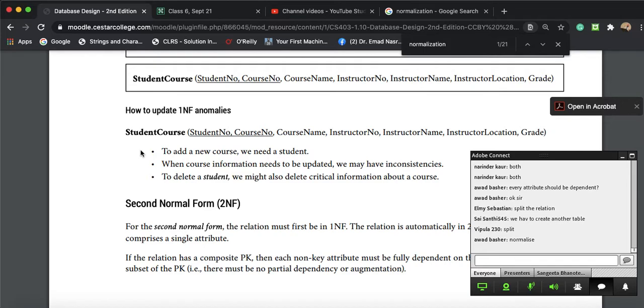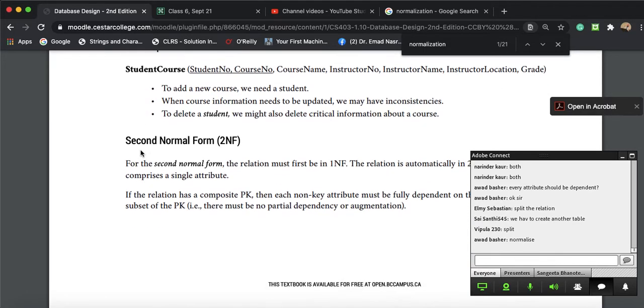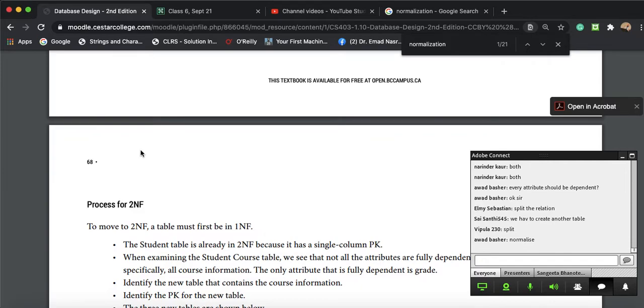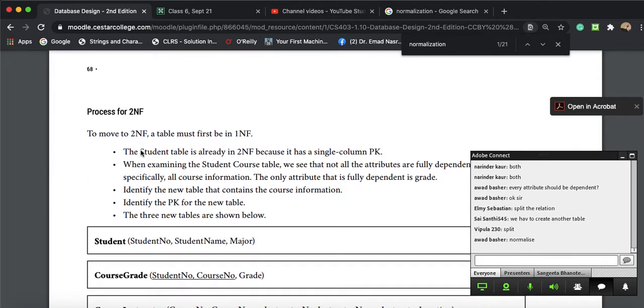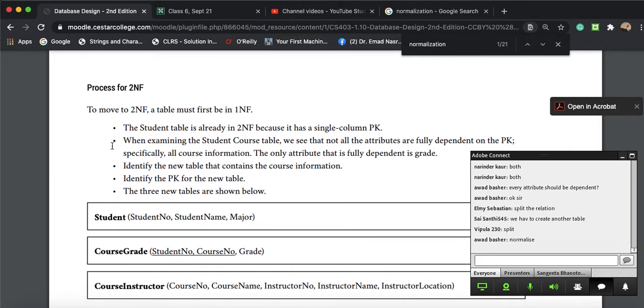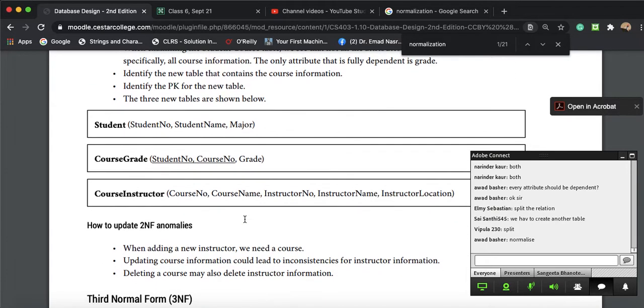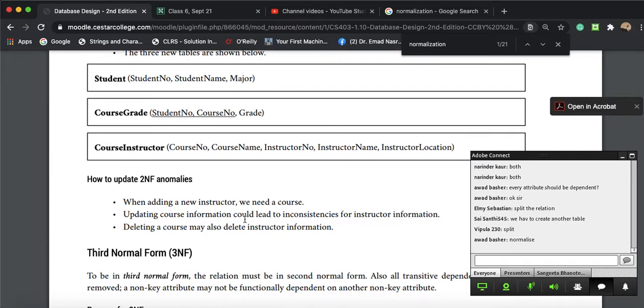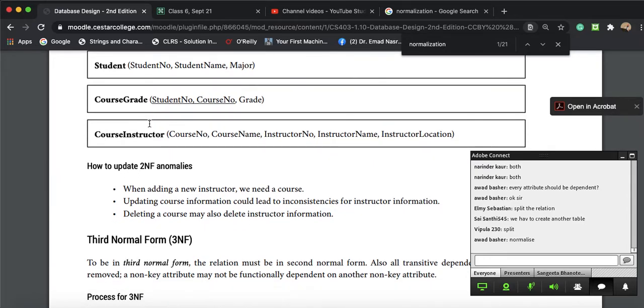When we split, both new relations must be in the second normal form. So, student number, student name, major, forget about it. It's already in the second normal form because it's single. Now, student number, course number, grade.